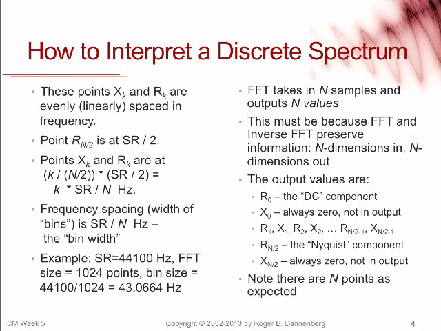That way, even though we have n over 2 plus 1 pairs of coefficients, since 2 of them are 0, we actually have n over 2 pairs of actual data, which means we get n points packed into this array, as we expect.